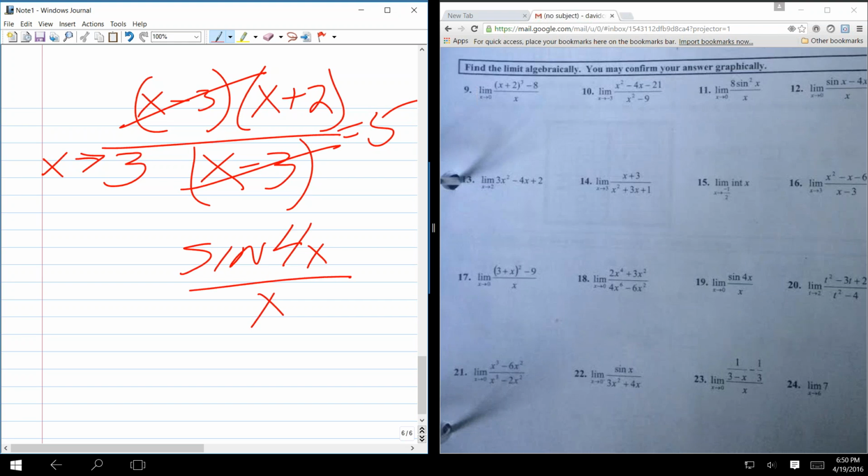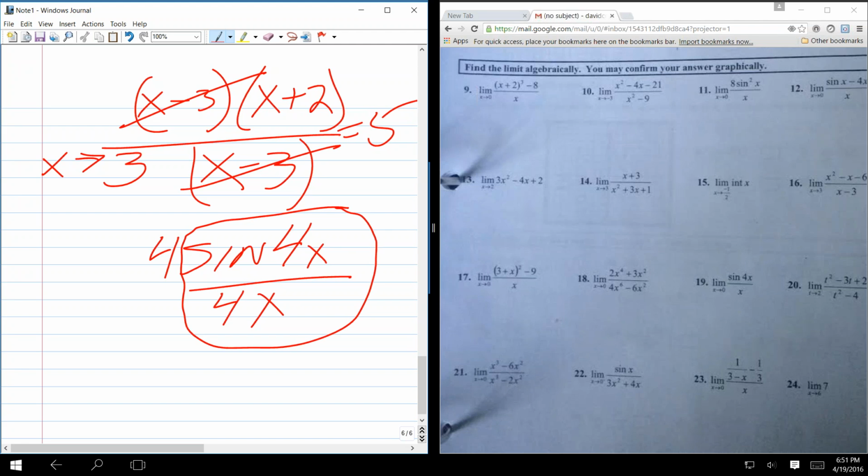I multiply top and bottom by 4. There's the top by 4, there's the bottom by 4. Now, what's the limit of that as x goes to 0? The 4x's would cancel, so it's just 4 sine?